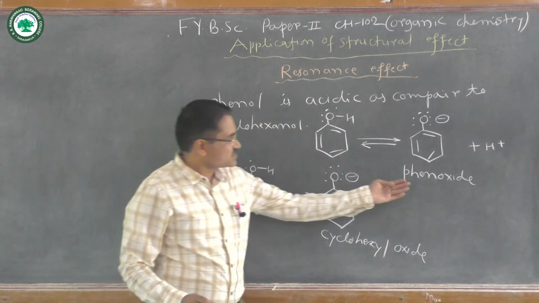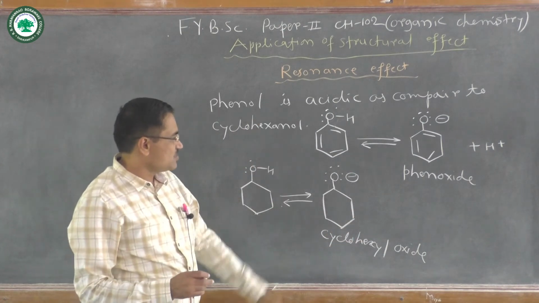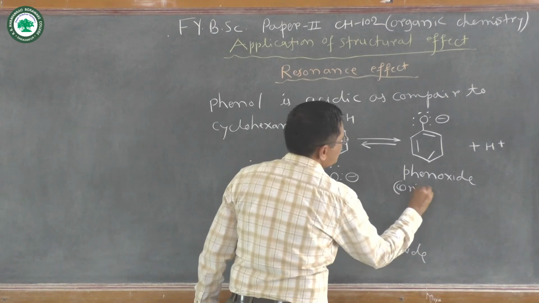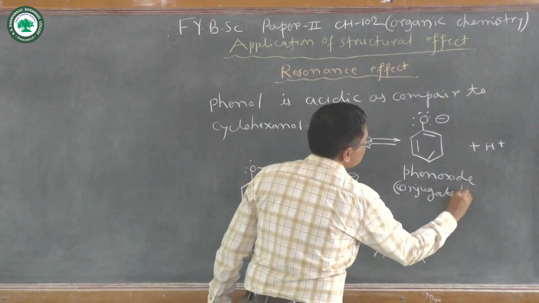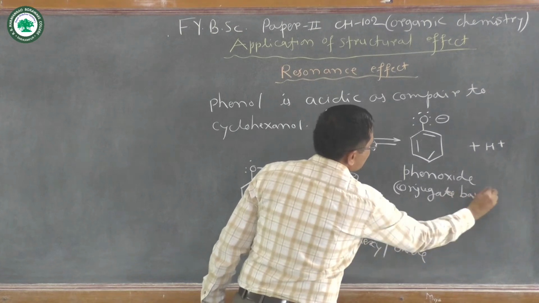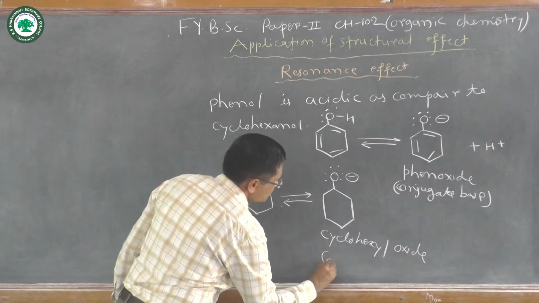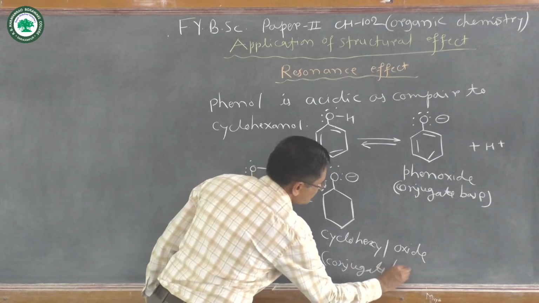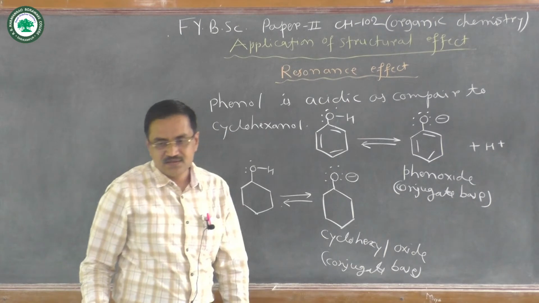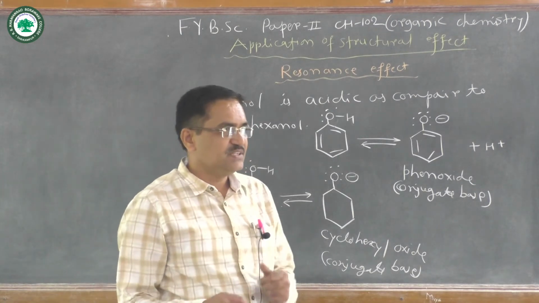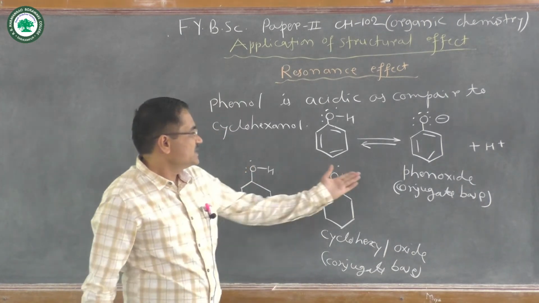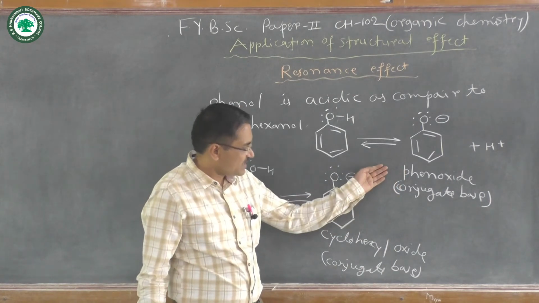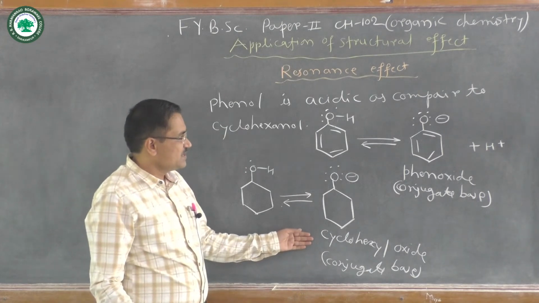Now here phenoxide as well as cyclohexyl oxide both are conjugate bases. And the strength of the acid depends upon the stability of this oxide ion, either phenoxide ion or cyclohexyl oxide.